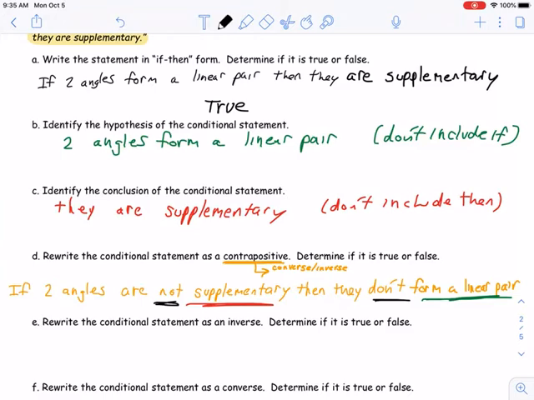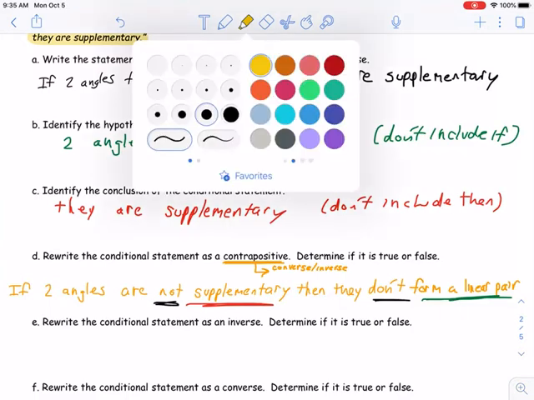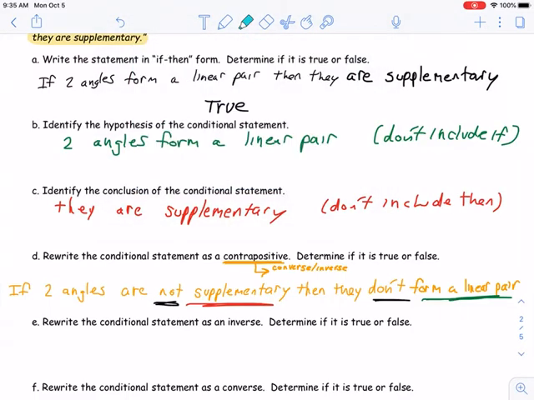And determine if it's true or false. Well, remember, to really limit the amount of thinking I'm doing, I can say the conditional is true. And remember, contrapositive, same truth value as conditional statement.